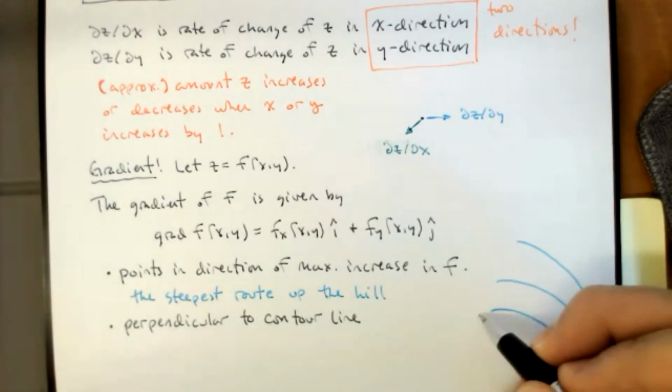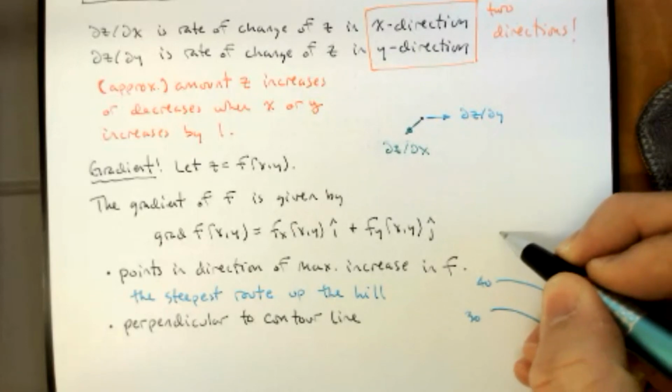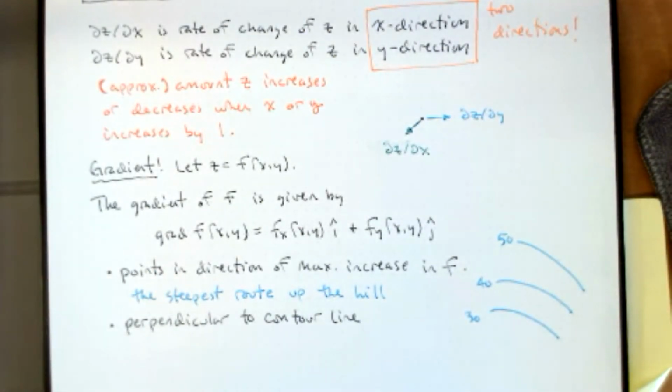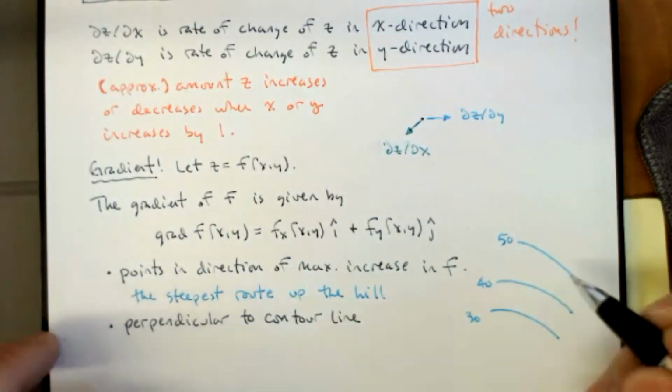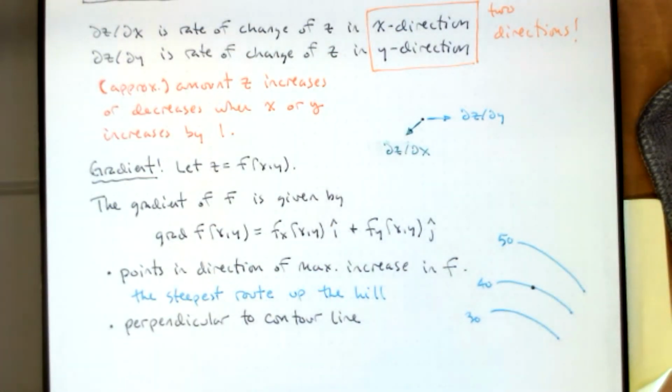This one is at 30. Here's where z is 40, and here's where z is 50. At a particular point x, y, the steepest way to get from 40 to 50 is going to be perpendicular to the contour line at 40.